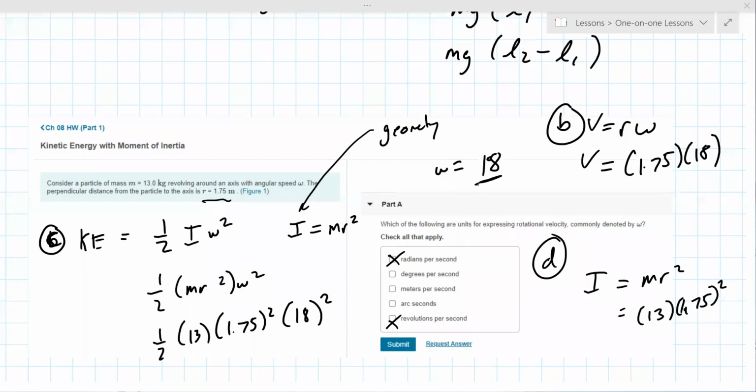Let's go on to number 11, Introduction to Moments of Inertia and Kinetic Energy. Boy, there's a lot here.